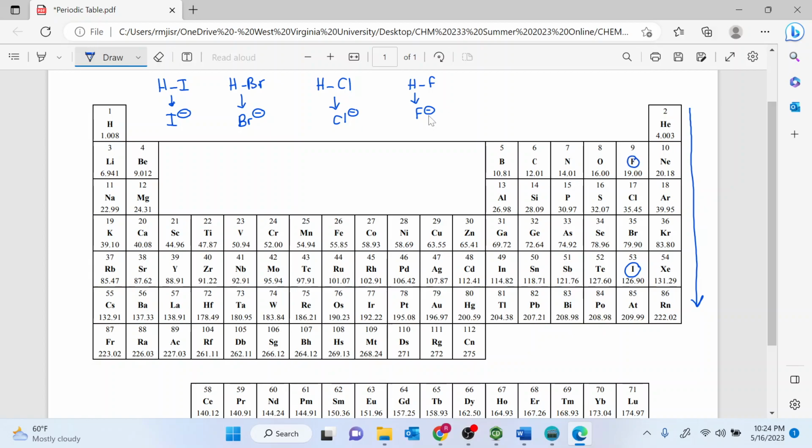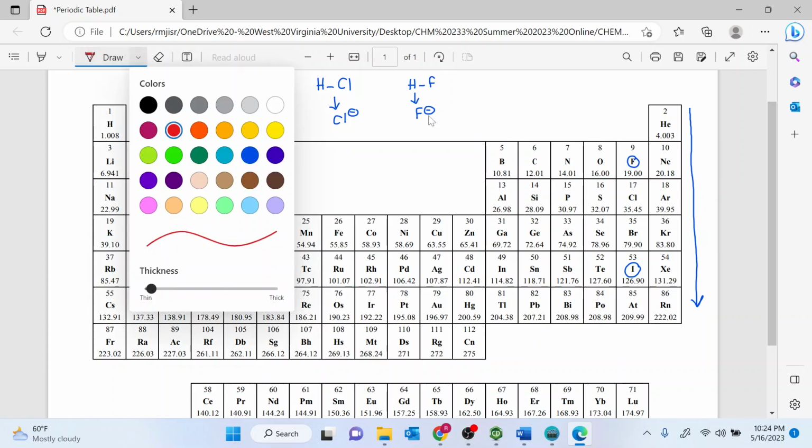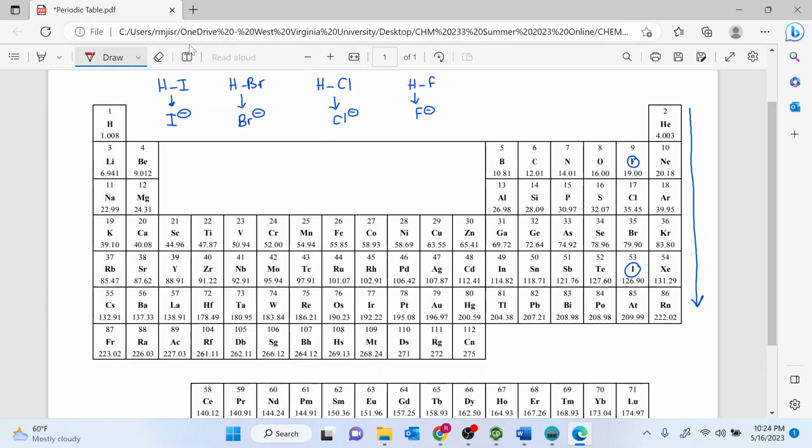If I want to represent the size of the ion, let's represent it by a small ball. So I minus here is going to be a larger circle with a negative charge compared to the Br minus, which is going to be a little bit smaller, compared to the Cl minus, which is going to be even smaller, and compared to the F minus, which is going to be smaller.